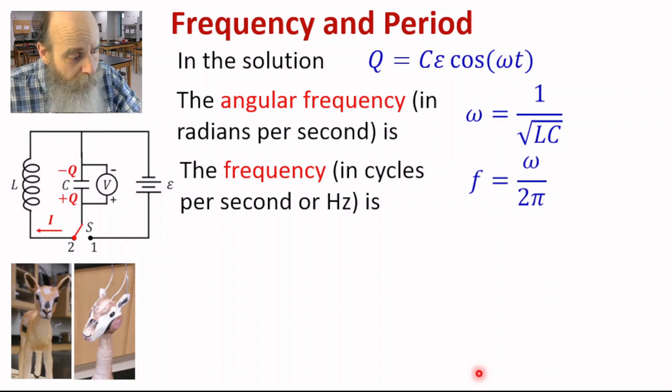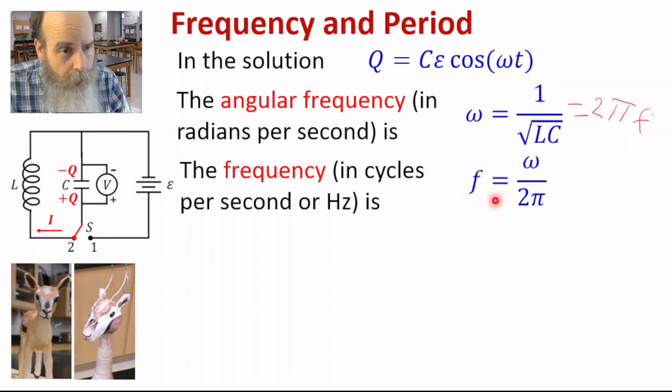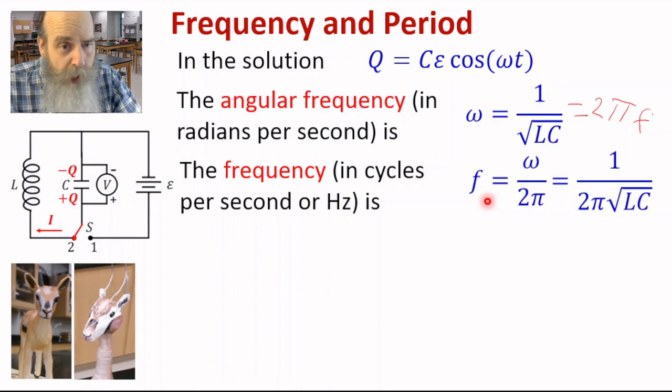We know this because omega equals 2 pi F, and so therefore F is omega over 2 pi. And when we put in what omega is, we get the following: F is 1 over 2 pi square root LC.